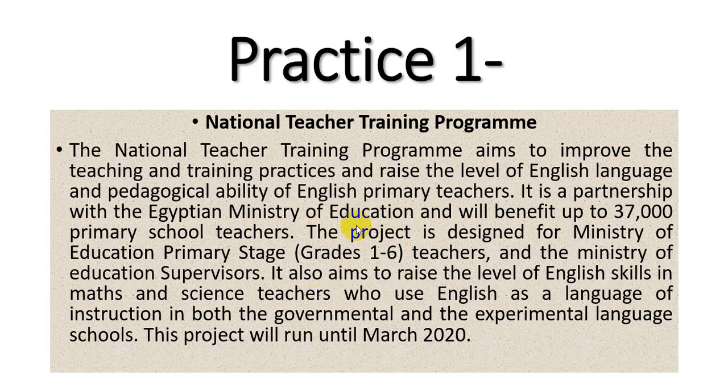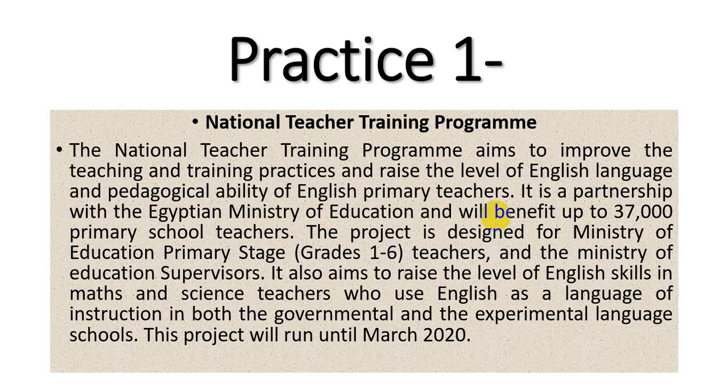The National Teacher Training Program aims to improve the teaching and training practices and to raise the level of English language and the pedagogical abilities of the English primary teachers. It's a partnership with the Egyptian Ministry of Education and of course the British Council, and will benefit up to 37,000 primary school teachers.